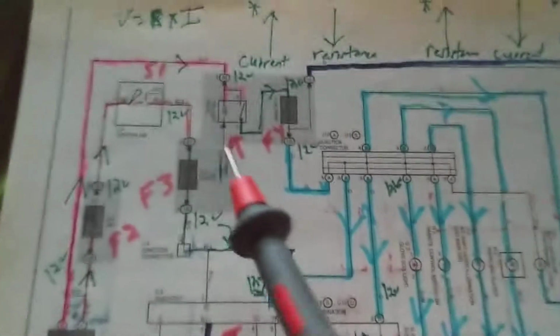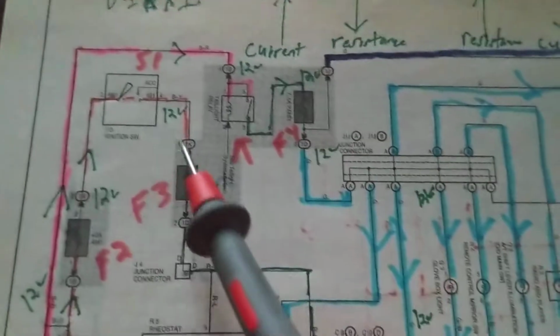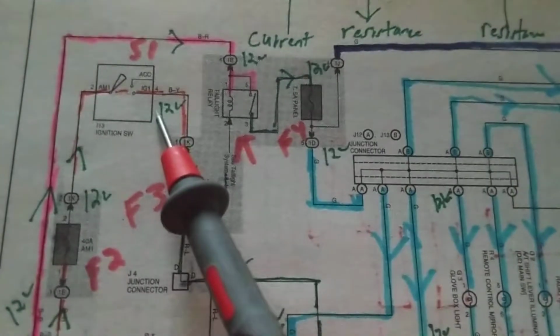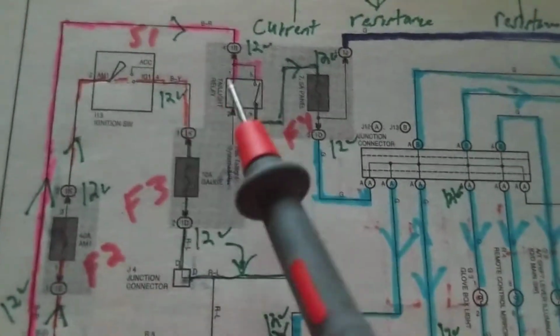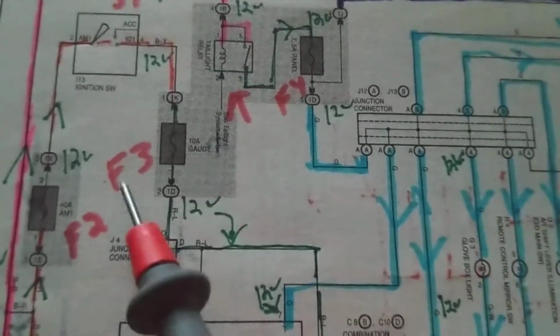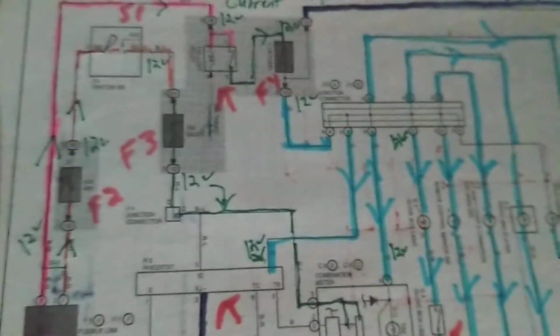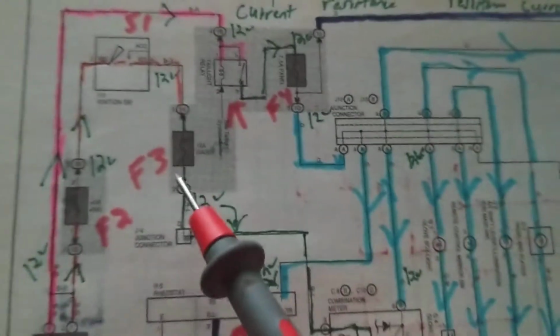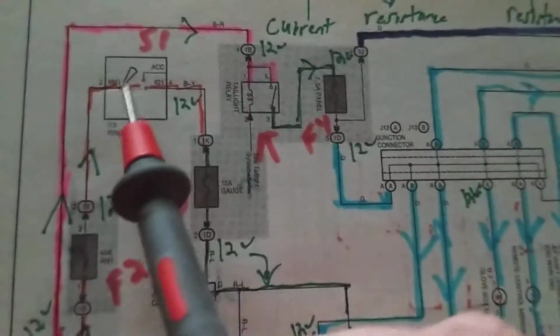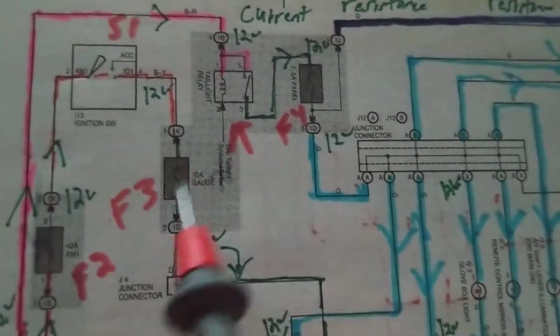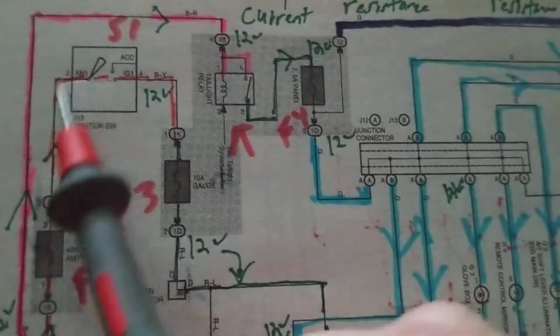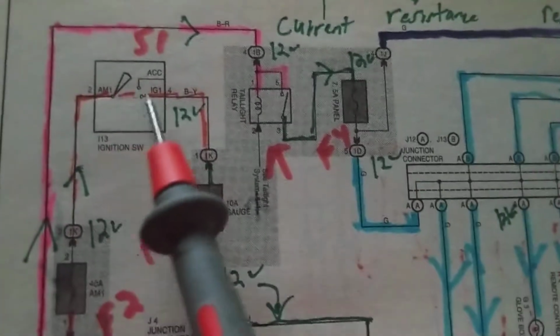Answer is not this, not this, this one. In what position does the ignition switch have to be for current to flow through F3? And they'll ask this on the test, on the ASE test, or any exam. The position for this to allow current to flow or connect to the circuit is ignition 1.